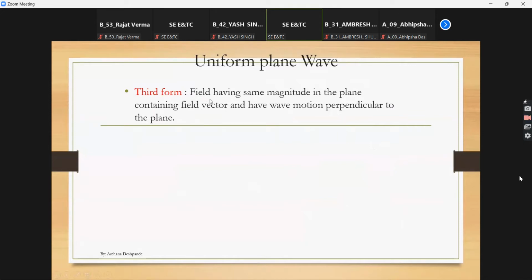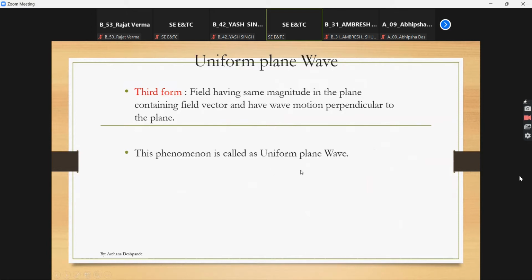This form says that the field has the same magnitude in the plane containing the field vector and has a wave motion perpendicular to the plane. So we are talking about the wave motion which is perpendicular to the plane, and its magnitude will be constant in the plane containing that field vector.